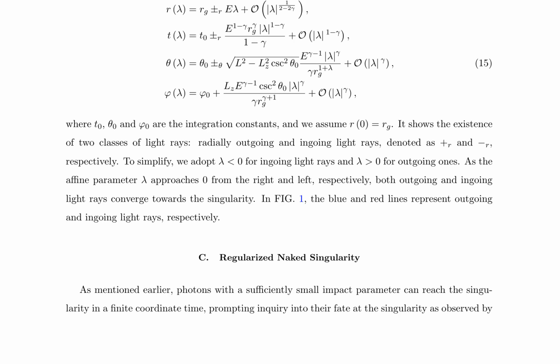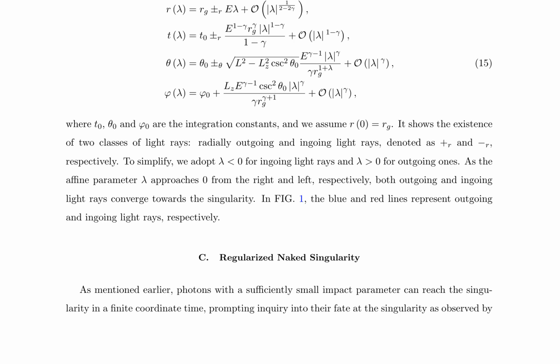The authors adopt lambda less than 0 for ingoing light rays and lambda greater than 0 for outgoing ones. As lambda approaches 0 from the right and left, respectively, both outgoing and ingoing light rays converge towards the singularity. Figure 1 illustrates this, with blue and red lines representing outgoing and ingoing light rays, respectively.